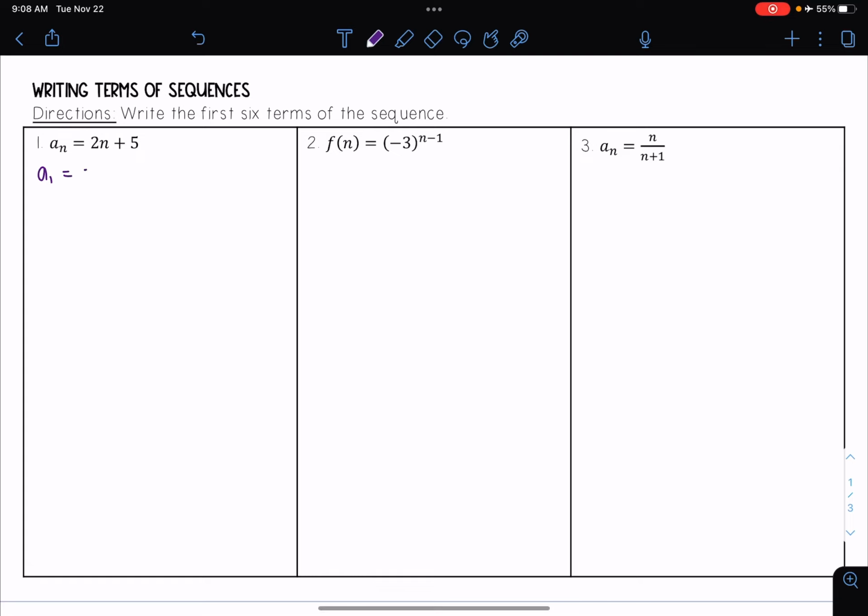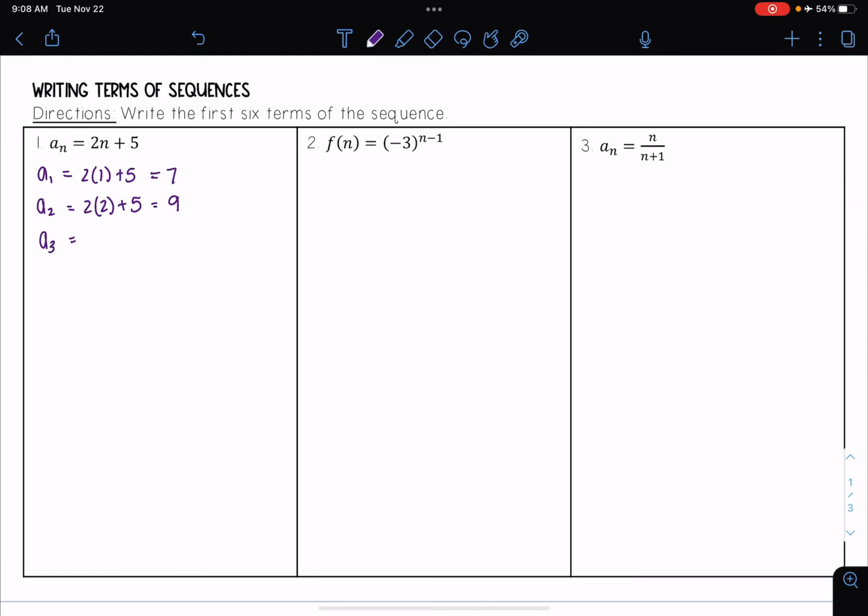So instead of 2n, I have 2 times 1 plus 5, which just equals 7. And do the same thing with 2. So now I have a sub 2, which stands for my second term, is equal to 2 times 2 plus 5, which is equal to 9.